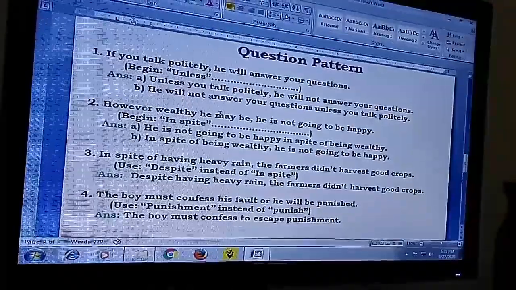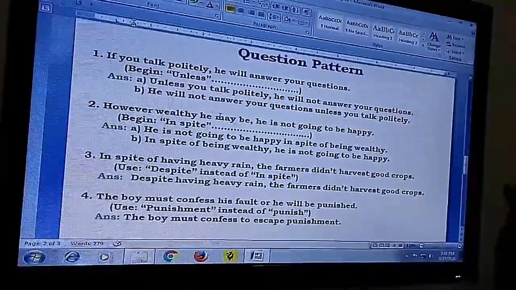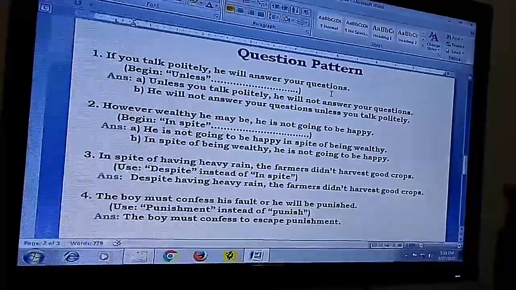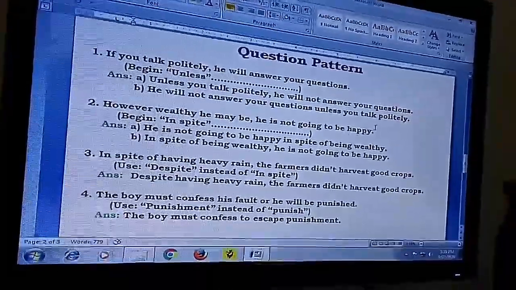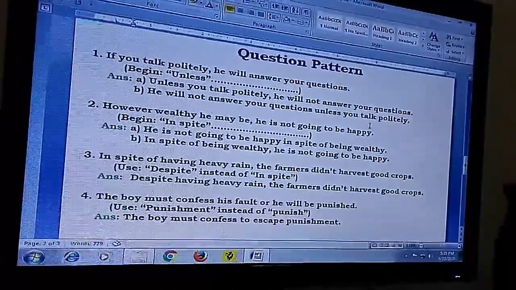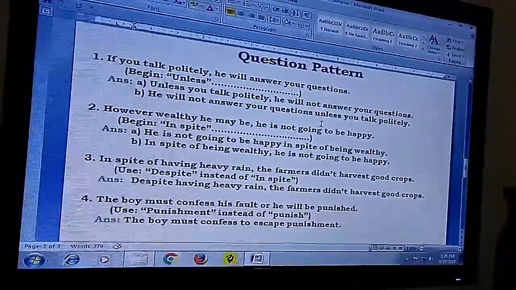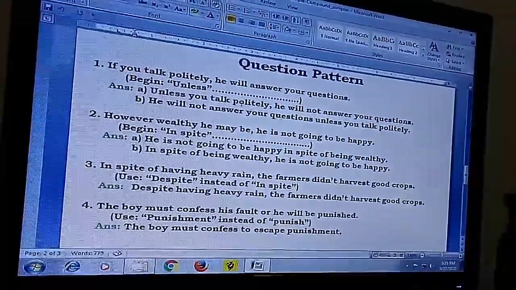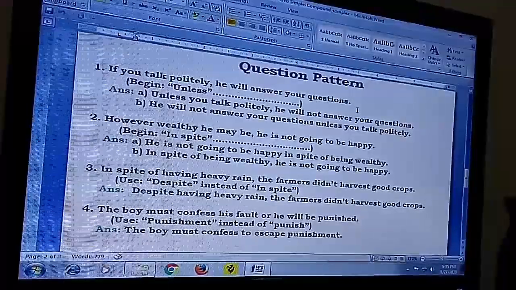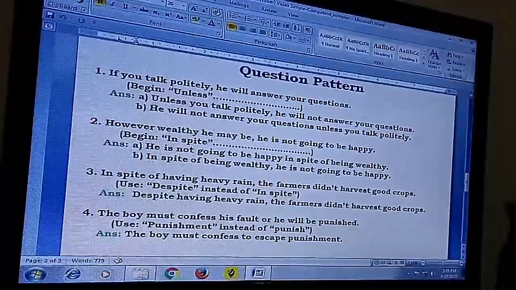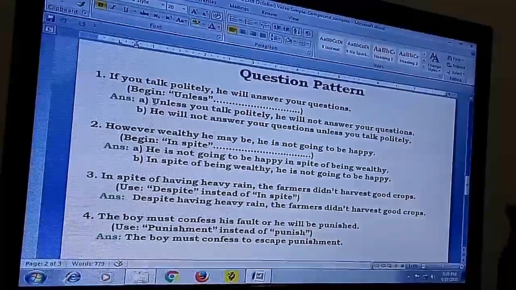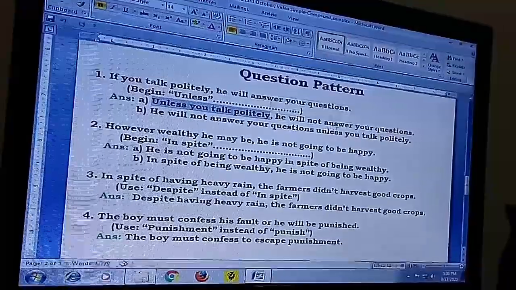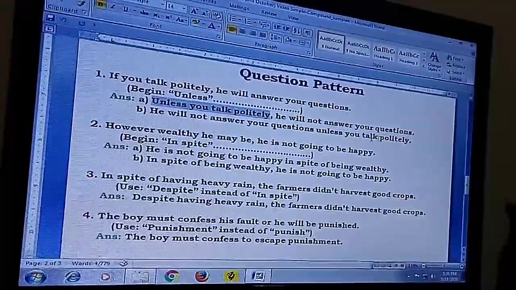Now we have kept those ABCD at the back of our mind, and we will take only the forms of those sentences to make this conversion, transformation or interchange of sentences without changing the meaning. If you talk politely, he will answer your question. Begin with "unless", therefore you must start the answer with "unless": Unless you talk politely, he will not answer your question.